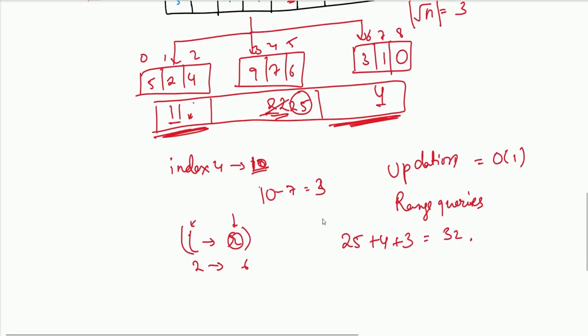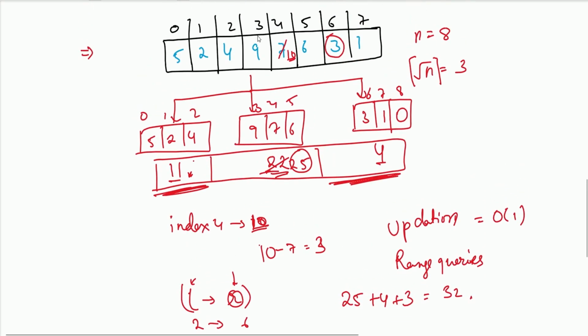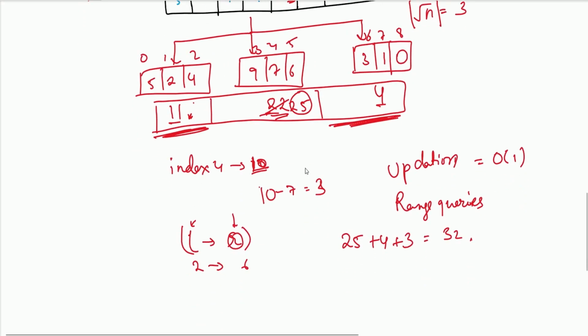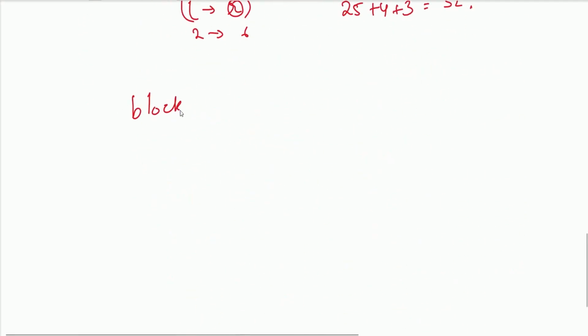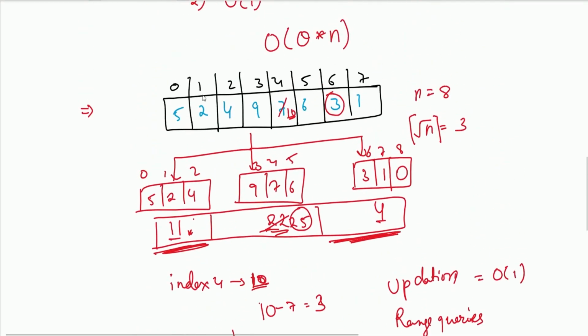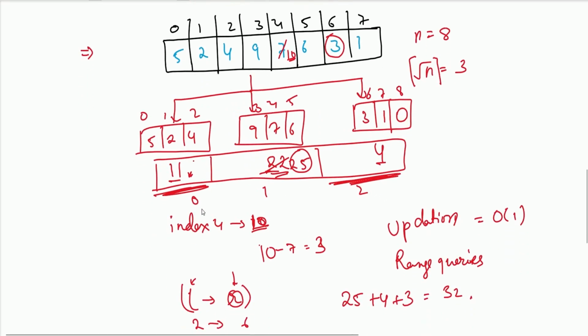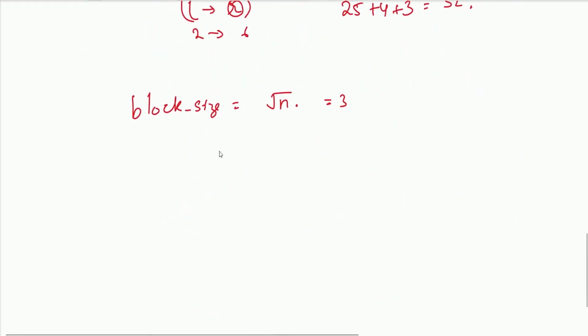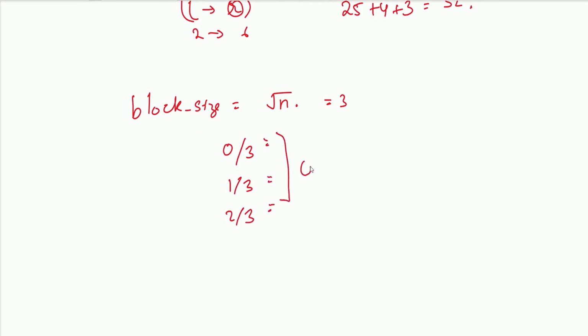Now, how to calculate which index is in which block? We know that our block size is root n, so block size equals square root of n. In this case it is 3. When you divide the index by block size, you get the index of the block array. Indexes 0, 1, 2 belong to the 0th block. 0 divided by 3, 1 divided by 3, or 2 divided by 3 is integer division, and in all 3 cases you get 0.